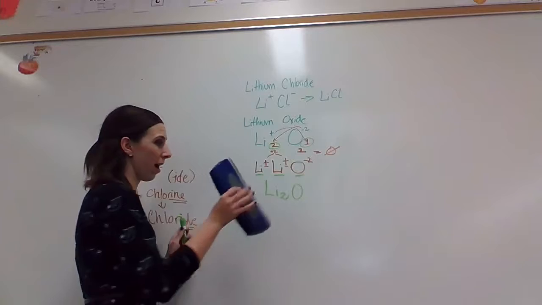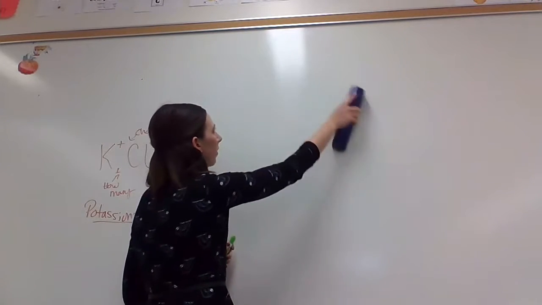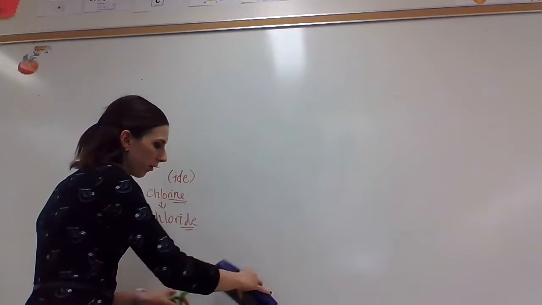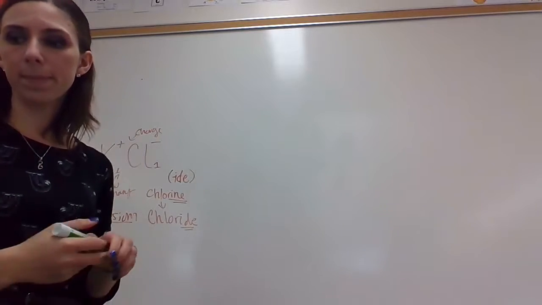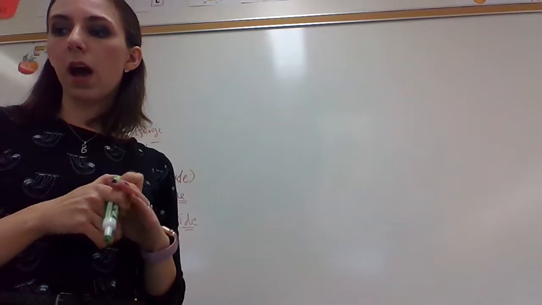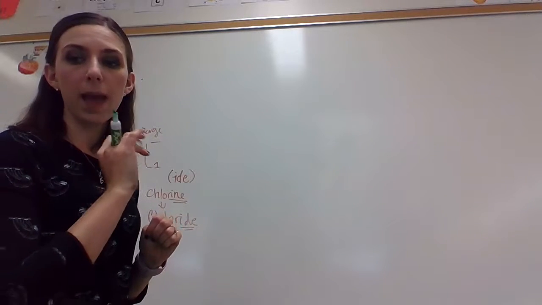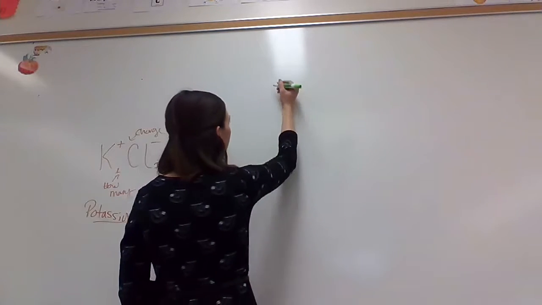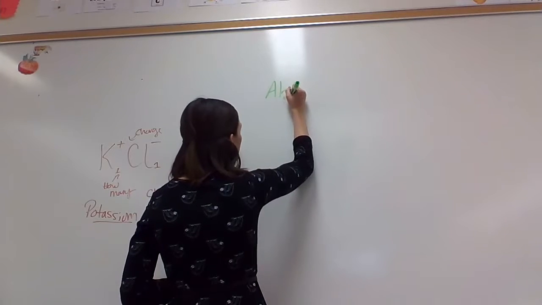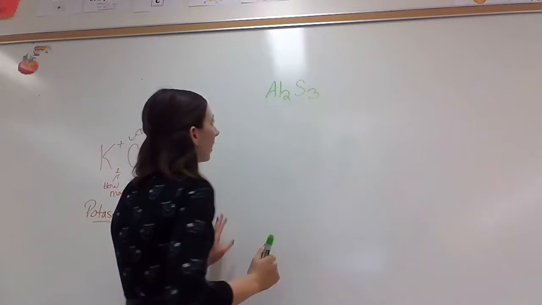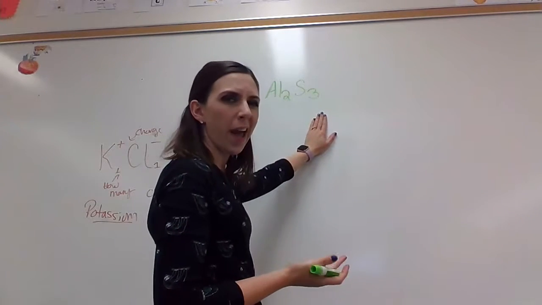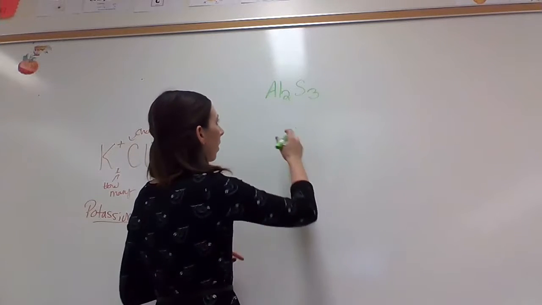Okay, we're going to do one more example for you. So if you're given the symbols Al2S3, and you're like, okay, I have to figure out what the name is.